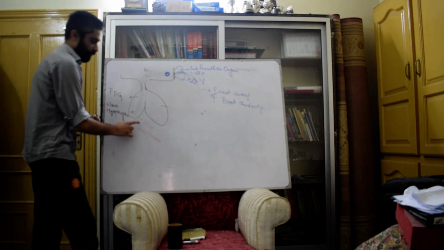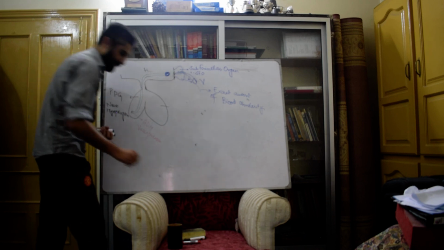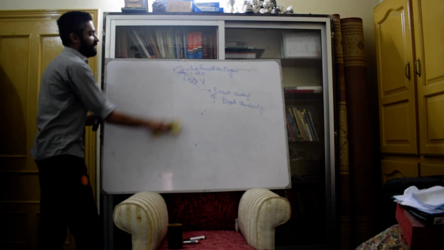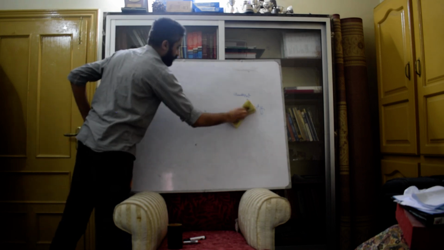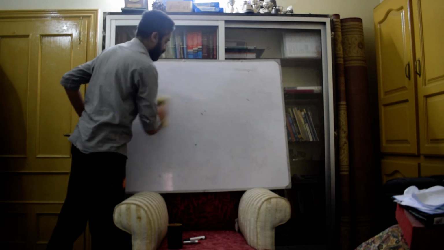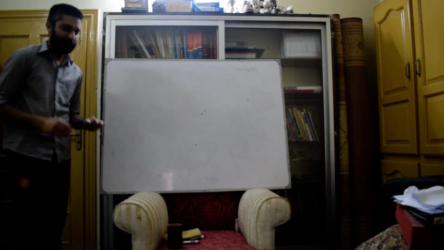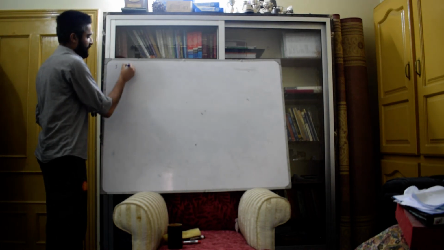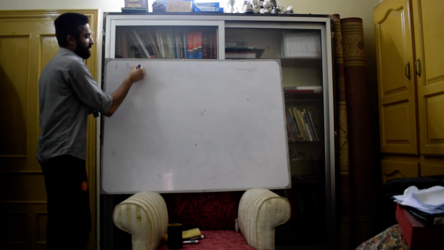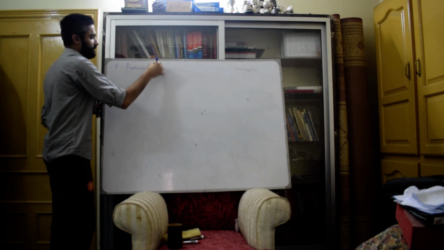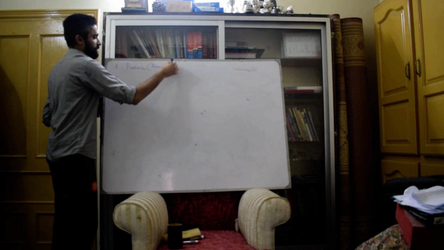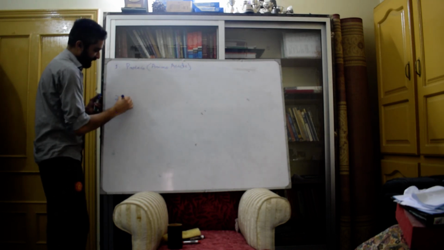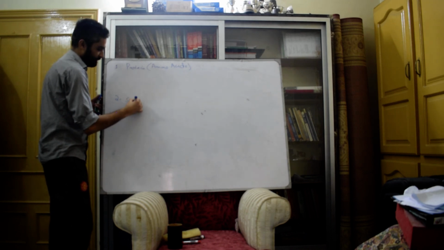Now what happens when these hormones are secreted into the blood? Initially, we discussed the classification of hormones: hormones are predominantly of two types. Number 1, protein hormones, which are made up of amino acids, and another classification, steroid hormones.